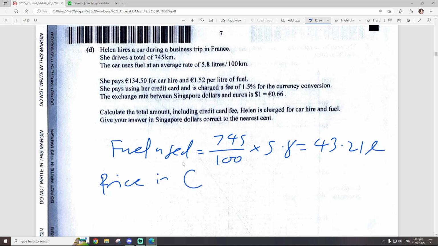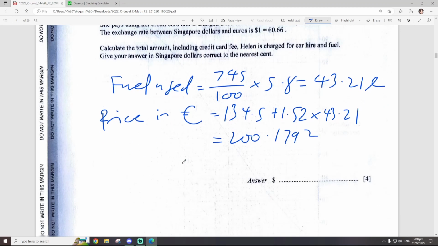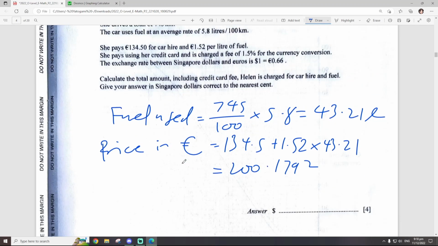Price in euros, which is 134.5 plus 1.52 times 43.21. Which is 200.1792, and there's no reason we can't leave it like this first. We can actually convert to 2 d.p. at the end.